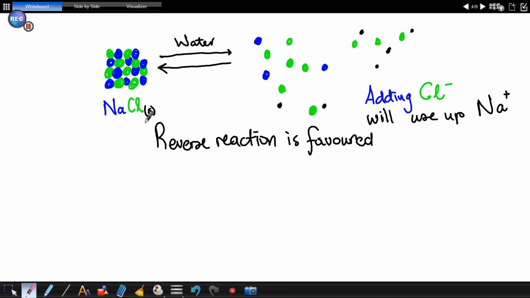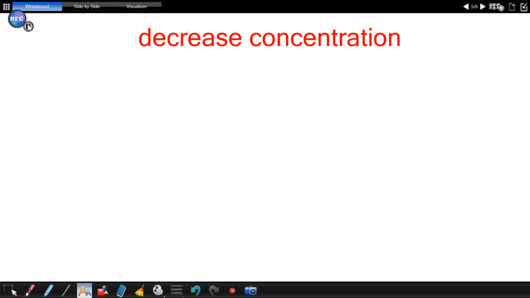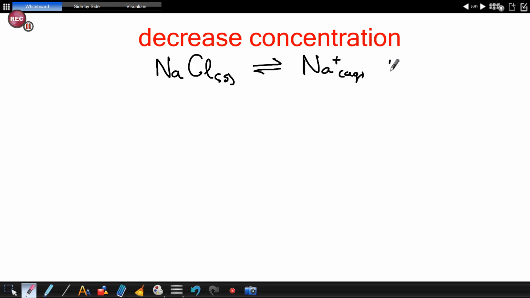Yes. Okay. I want to picture now. So we have a reaction at equilibrium, and our sodium chloride salt is in equilibrium with the sodium ions in solution and the chloride ions in solution. Now when we added hydrochloric acid, we increased the concentration of the chloride ions.